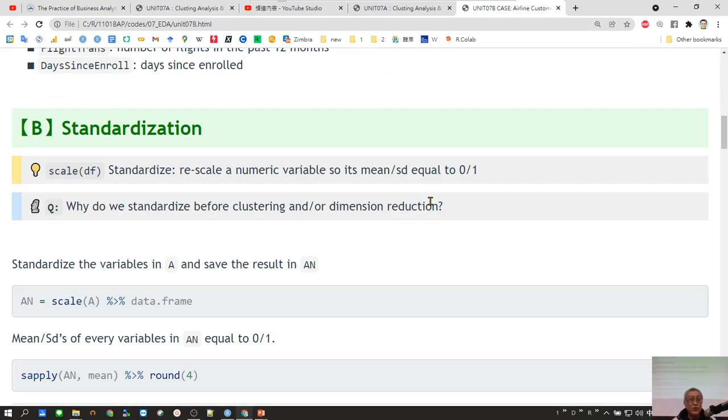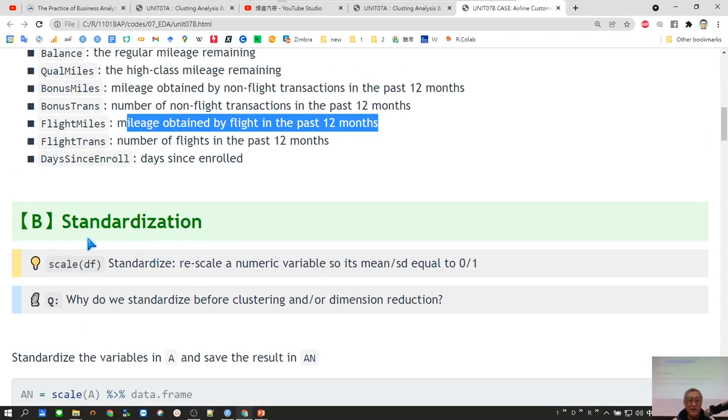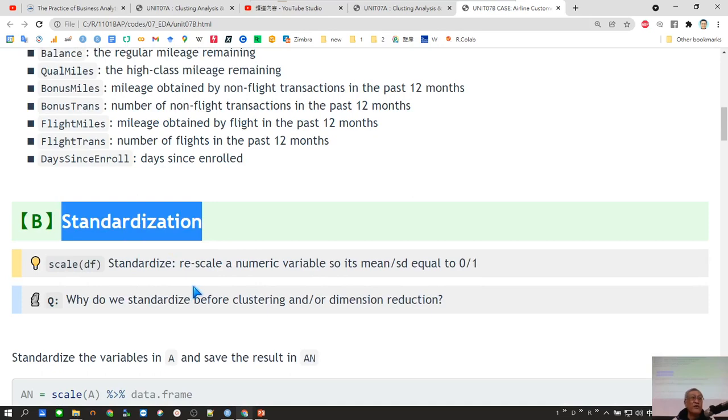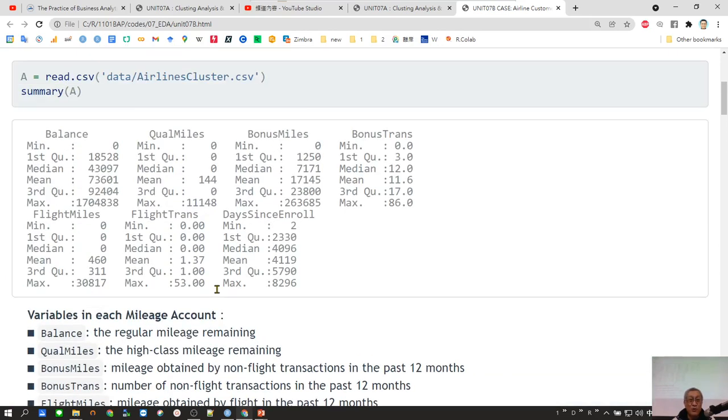Now we want to do a clustering, and as I told you, standardization, we already explained this. If you look at the original scale, the number of transactions is between 0 and 86, and the balance is between 0 and about 1.7 million, as you see.